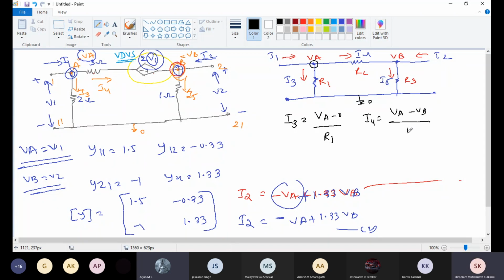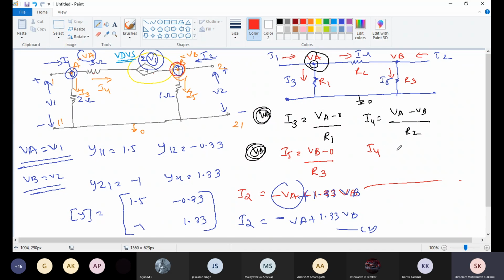If I am writing the equation for VB, the sign will change like this. This is I5. First I5, that is VB minus 0 divided by R3. Then here also I have to write I4, right?